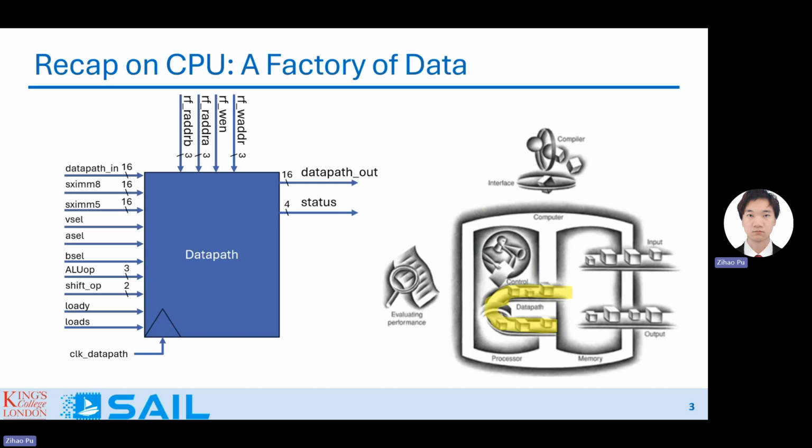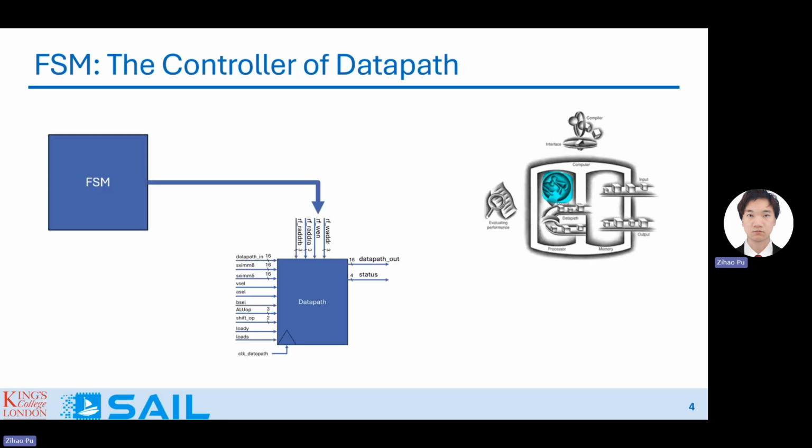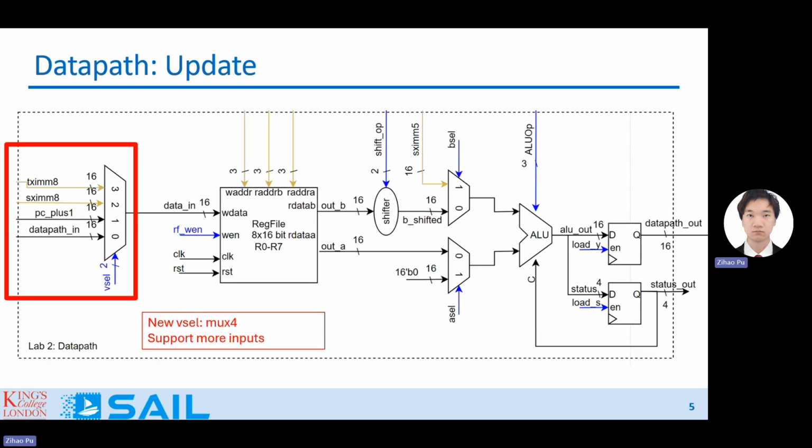Basically, if you recap the idea of a CPU, it's a factory of data, and you have already finished the data path, which is the way of processing the data. Now what you are trying to do is make the controller, which is the FSM. For now, we have to update the data path for task 3. Previously, you had 2 inputs.